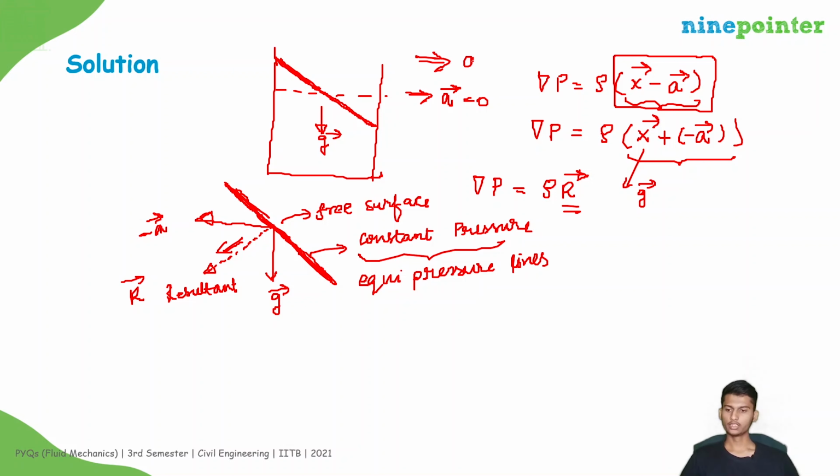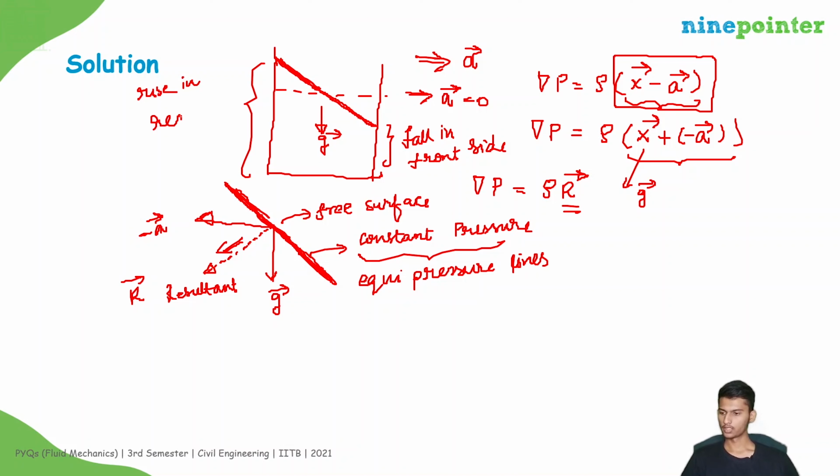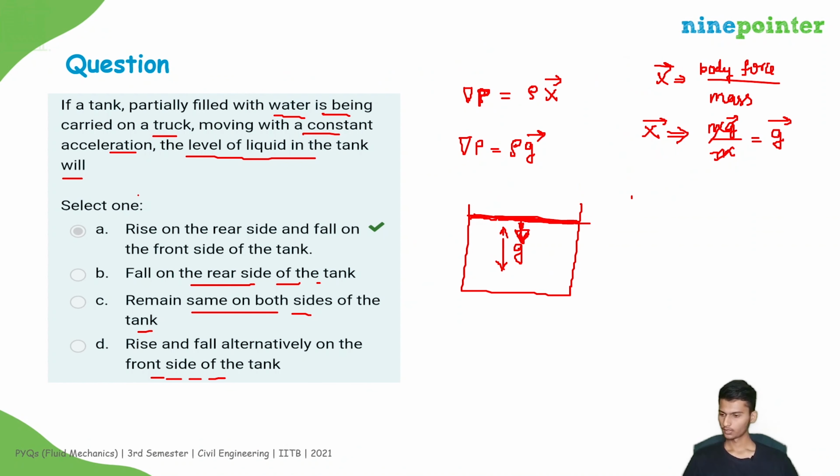The body is moving in this direction, right? So it falls on the front side and rises on the rear side. So this is the answer: rise on the rear side and fall on the front side of the tank.